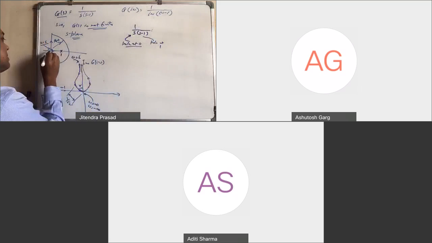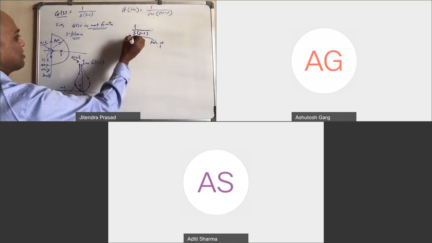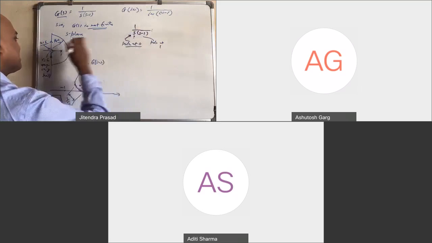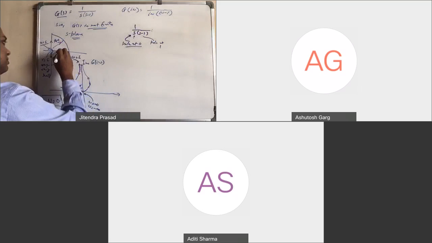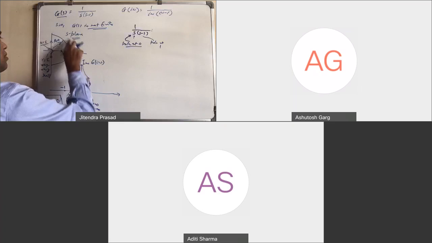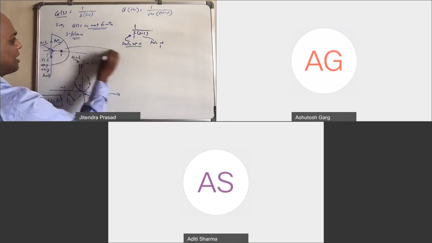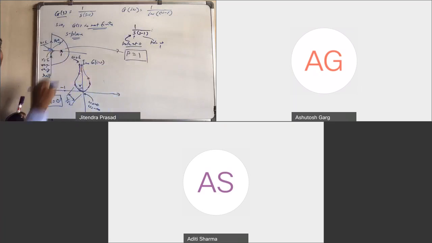Since we have skipped this one, we have bypassed this one, hence this we are not going to count, but this we are going to count. S minus 1, so pole at 1 is there. So from here we know that P equal to 1 for sure, right?